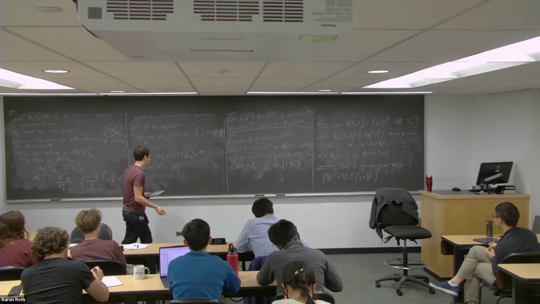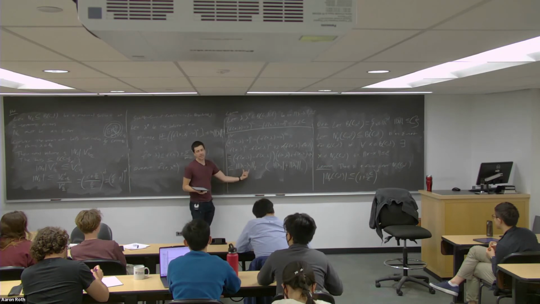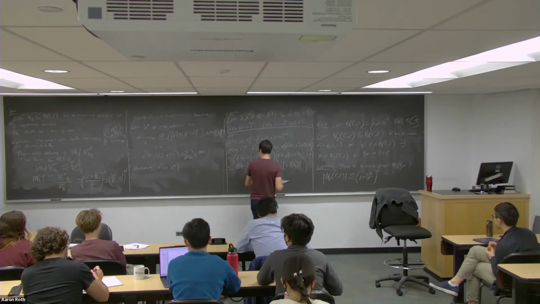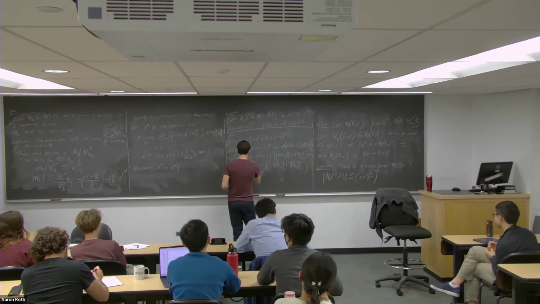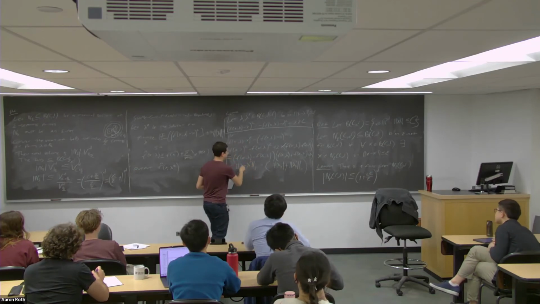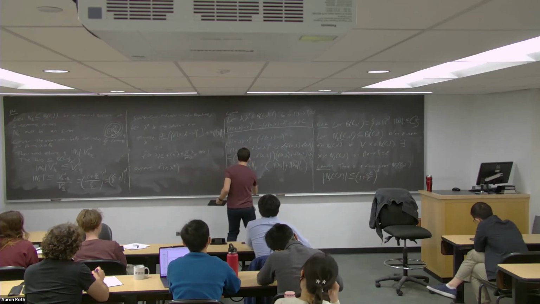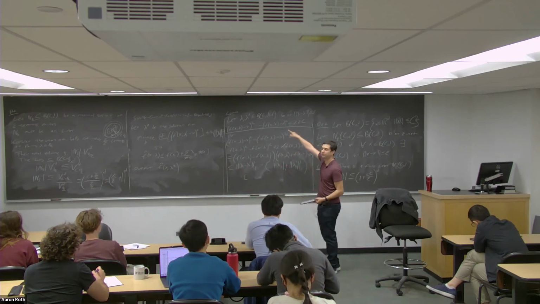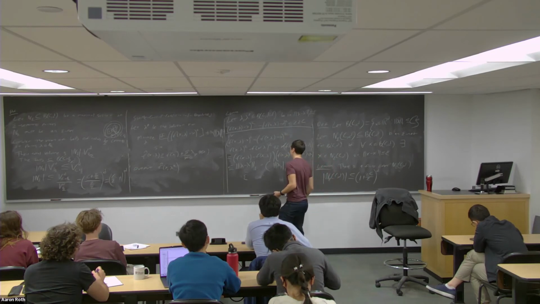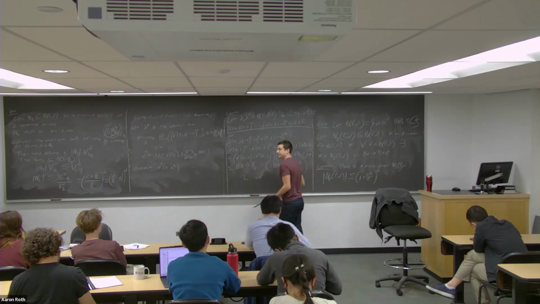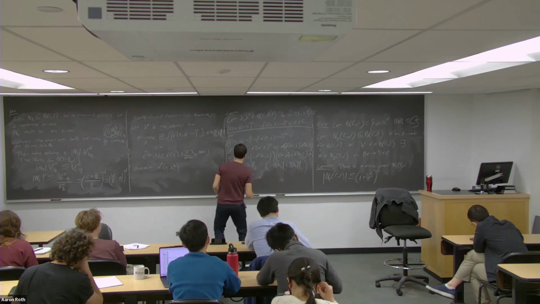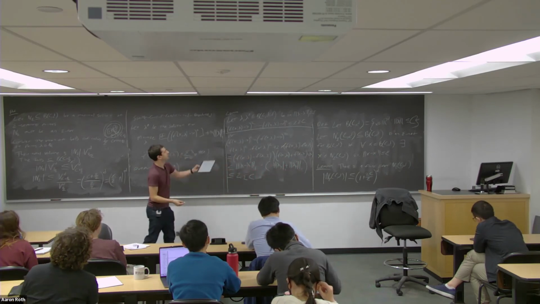These things are within the ball of radius c, so each of these is bounded by c, and there are 2 of them. So this whole thing is bounded by 2 epsilon c, which was what we wanted.